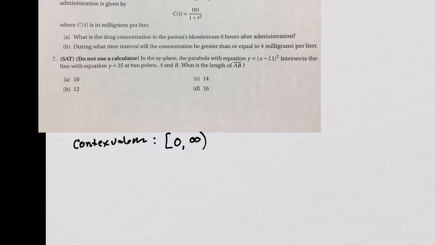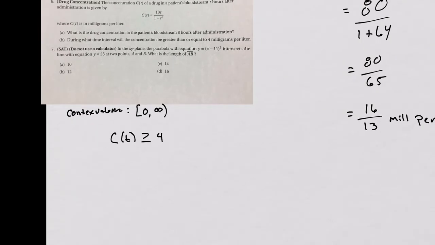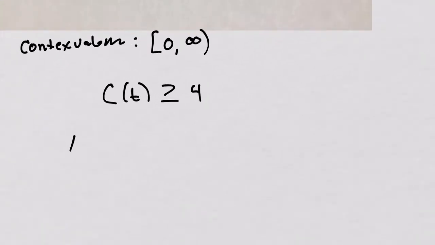All right, so here we go. It tells me that my concentration, C of T, is going to have to be greater than or equal to 4 milligrams per liter. So I'm going to set this up, and we're going to have 10T over 1 plus T squared has to be greater than or equal to 4.